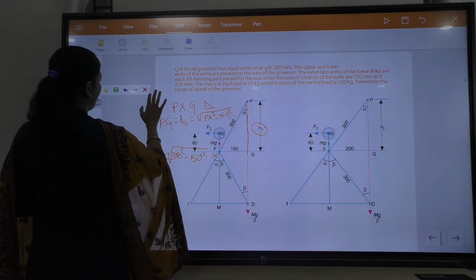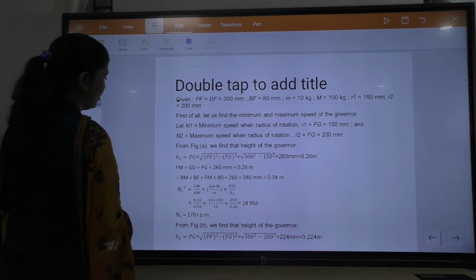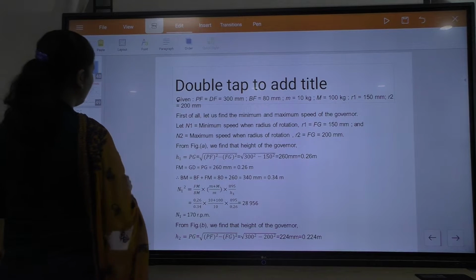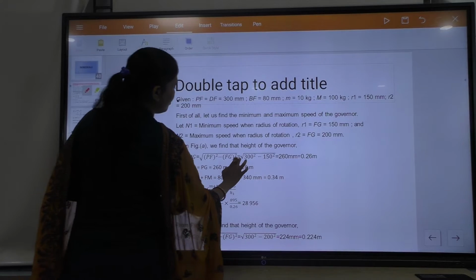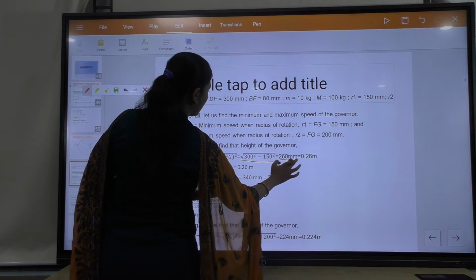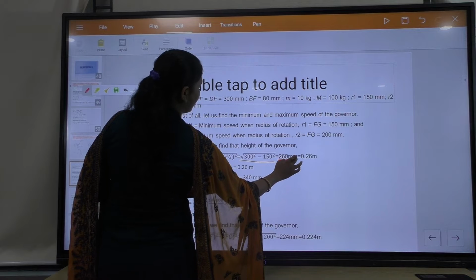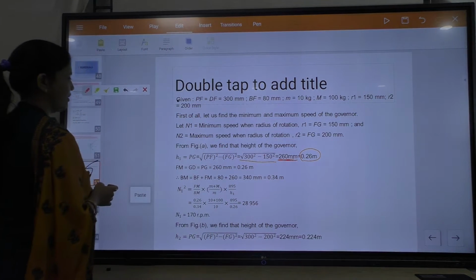So, here we found out the value of H1, that is under root 300 square minus 150 square. This is 260 mm, or convert it to meter, and the value will be 0.26 meter.